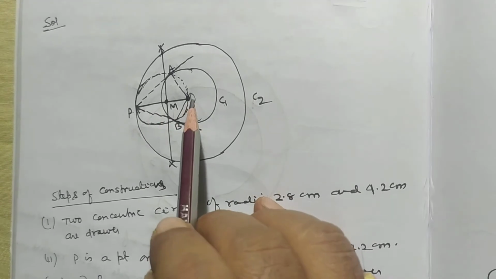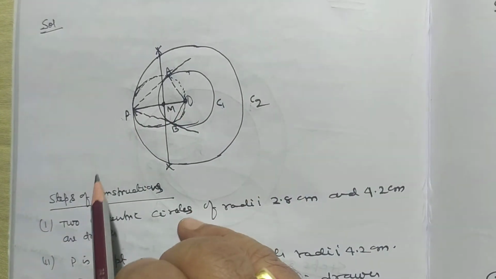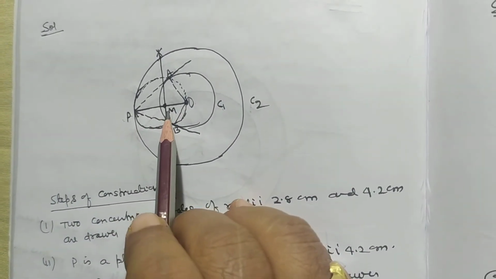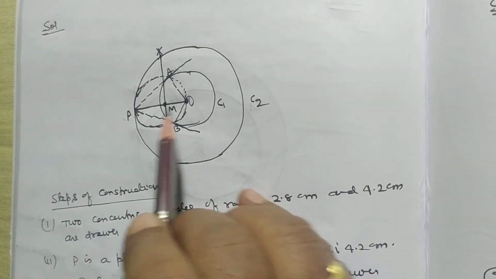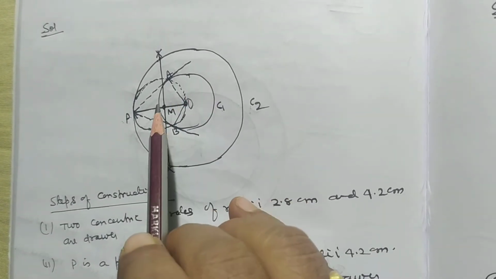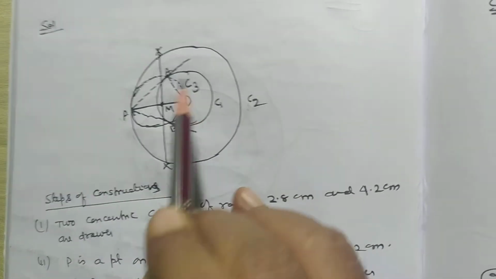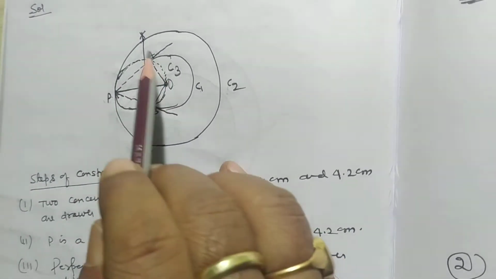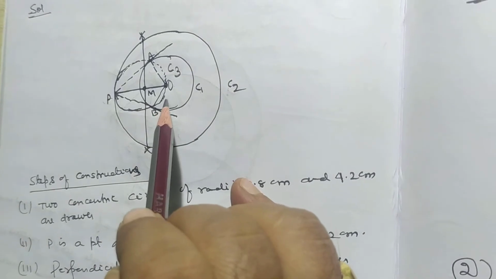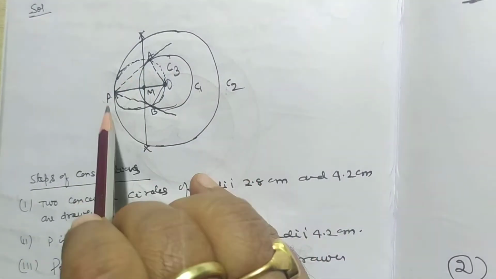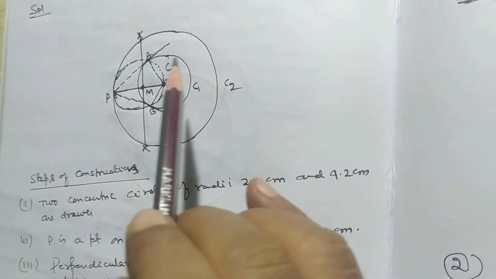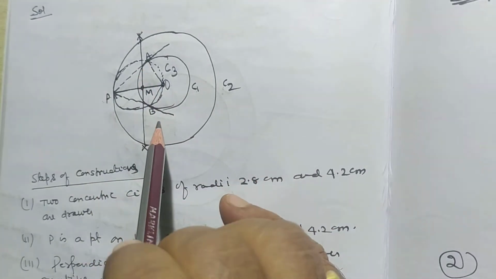And now draw the perpendicular bisector of the line OP. Suppose it intersects OP at the point M. Now considering M as center, we take the third circle C3. The dotted circle here represents C3. This circle C3 intersects C1 at the points A and B.